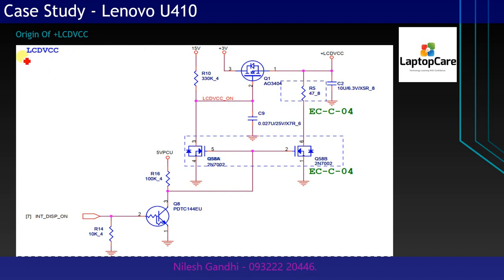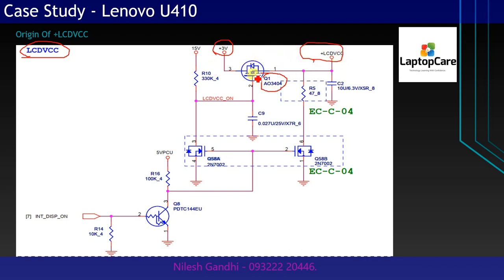Here this LCD VCC signal comes from plus 3 volt via transistor Q1. This Q1, here it's the output.